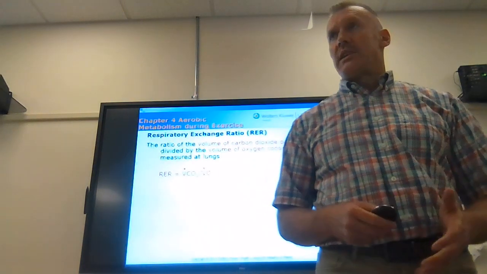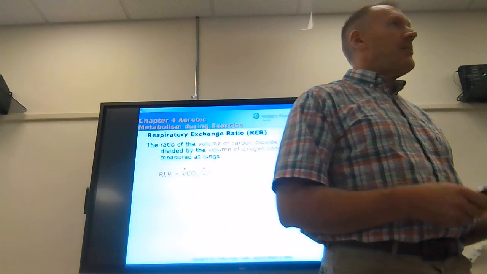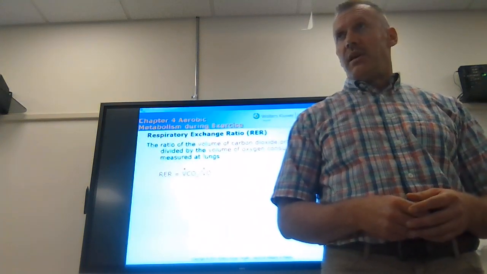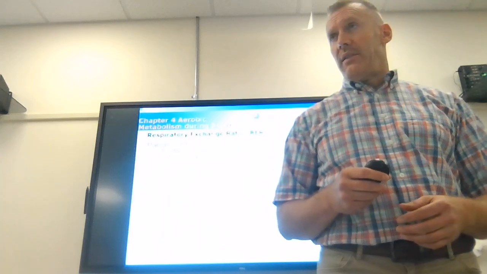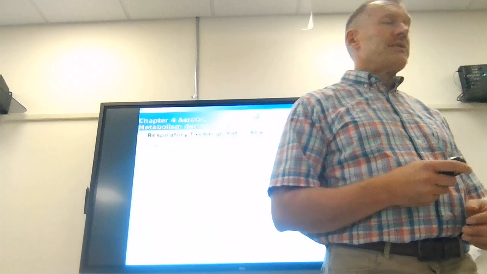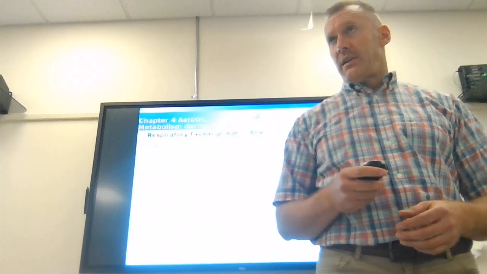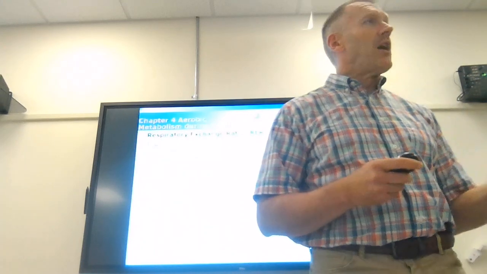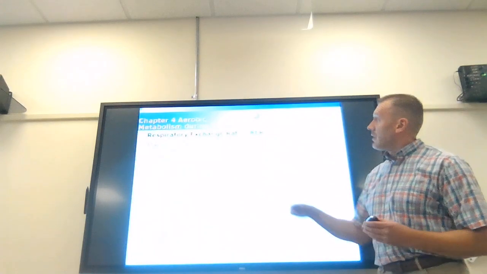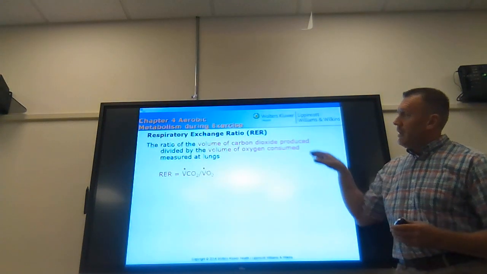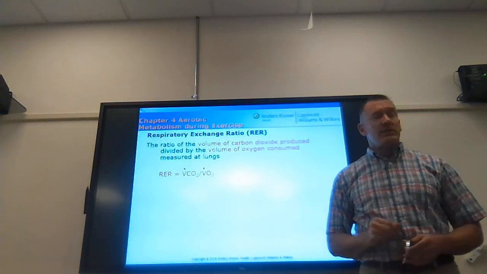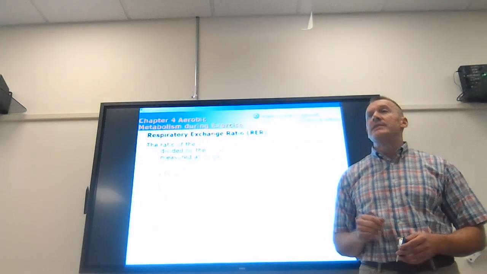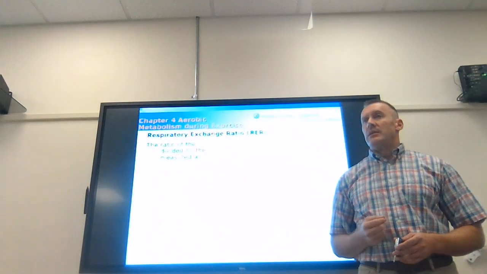So we consume oxygen and we produce carbon dioxide. So remember, as pyruvate is converted to acetyl-CoA, and then acetyl-CoA goes through the 8 steps of the Krebs cycle, we produce some carbon dioxide. And so that's the carbon dioxide that we're talking about. Carbon dioxide produced divided by the volume of oxygen that we consume. And this is measured at the lungs.